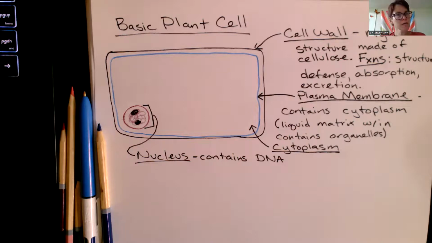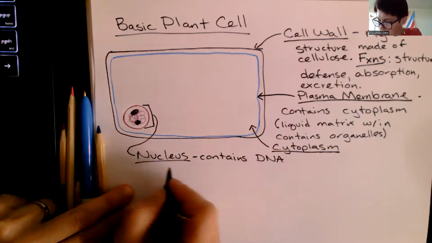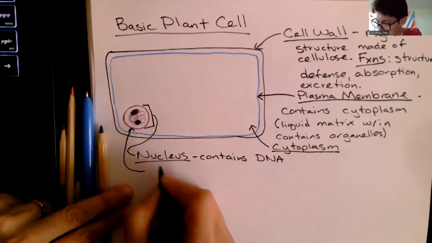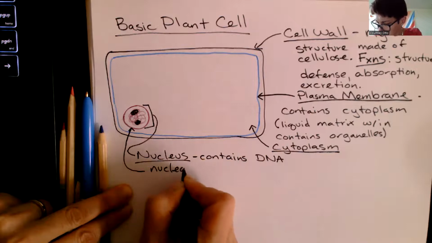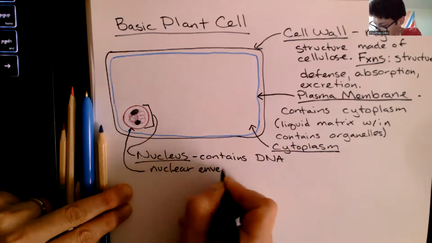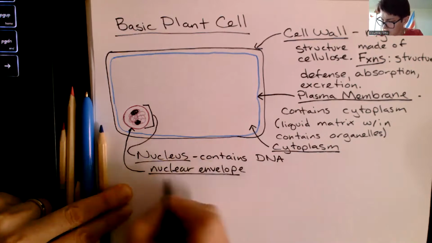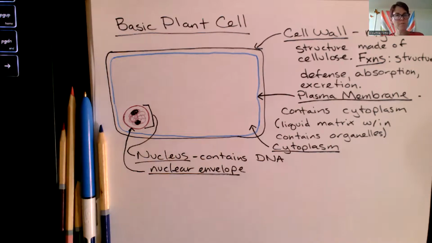So most of the time when we look inside cells and we can see inside the nucleus, we're going to see this little barrier on the outside. That's that nuclear envelope. That's just forming the outside. That's what's isolating the DNA from the cytoplasm.